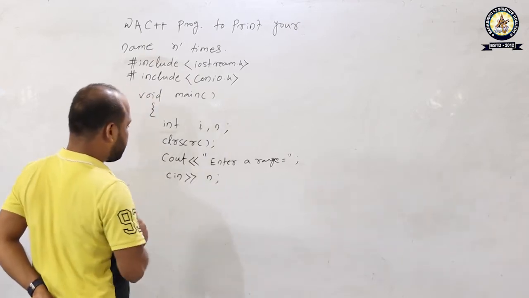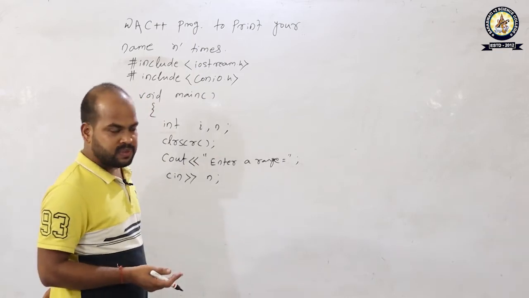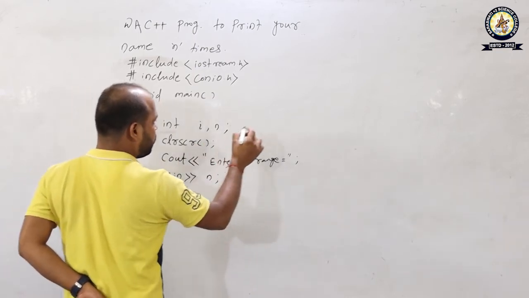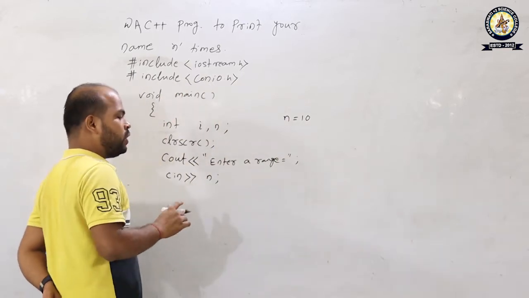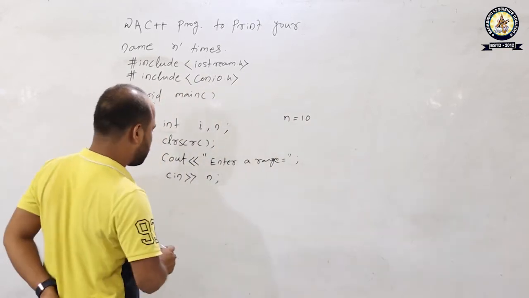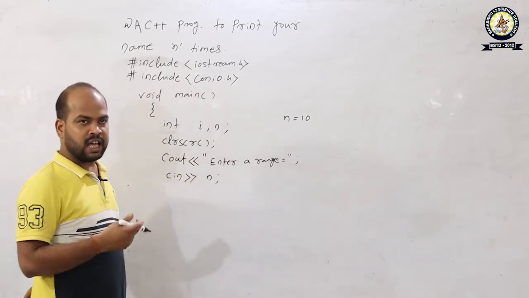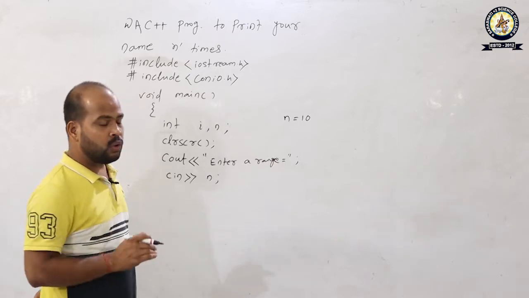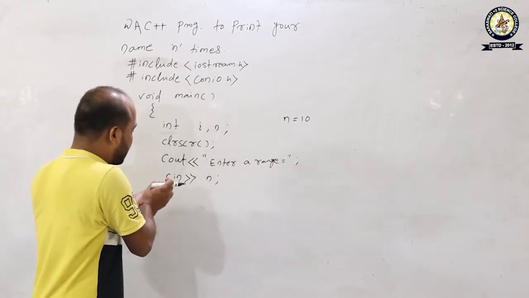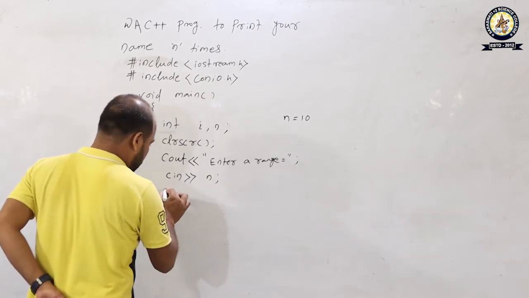Then after that I want to print n number of times. If you put n equal to 10, then your name will be displayed 10 times. To print our name 10 times, I have to use a loop. Which loop? Now I am writing this program using a for loop.